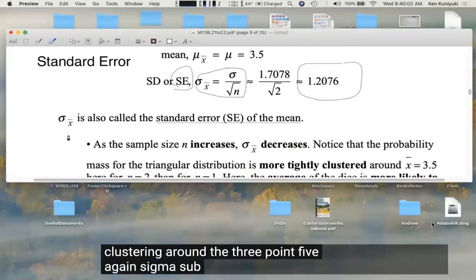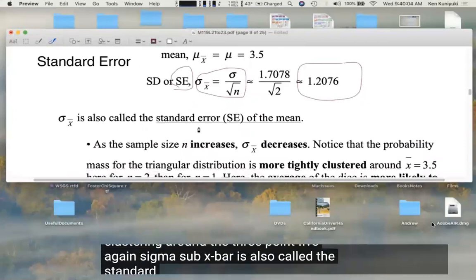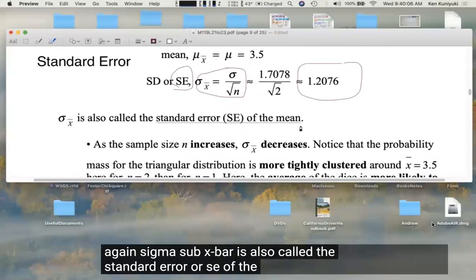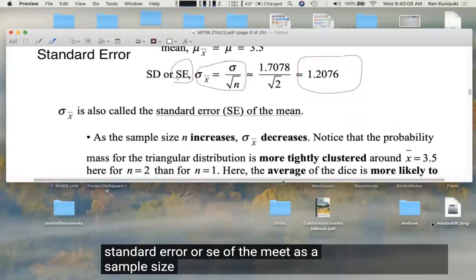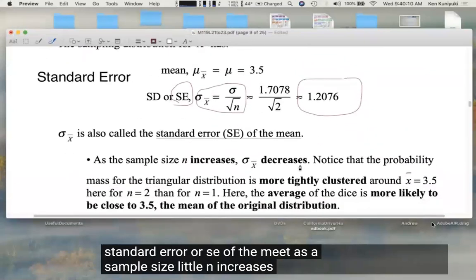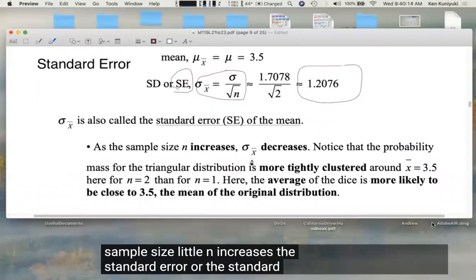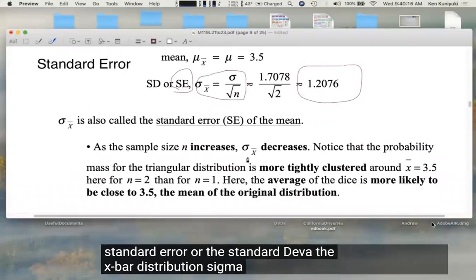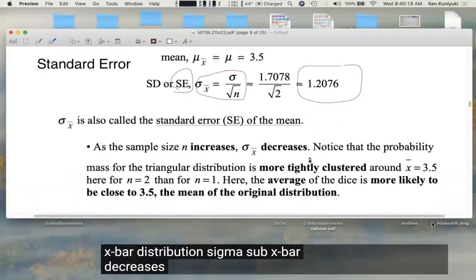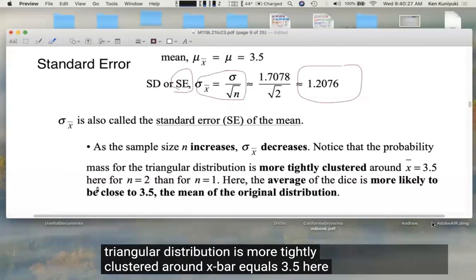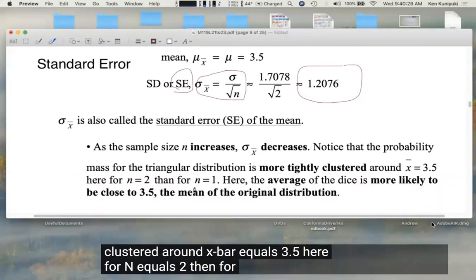Again, sigma sub X bar is also called the standard error, or SE, of the mean. As the sample size little n increases, the standard error, or the standard dev of the X bar distribution, sigma sub X bar, decreases. Notice that the probability mass for the triangular distribution is more tightly clustered around X bar equals 3.5 here for n equals 2 than for n equals 1.